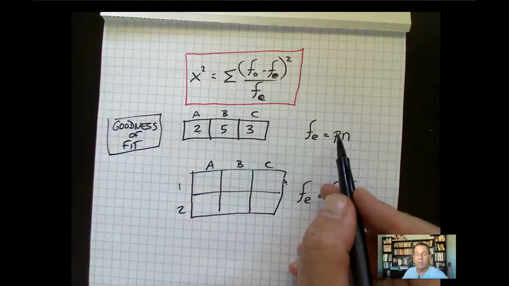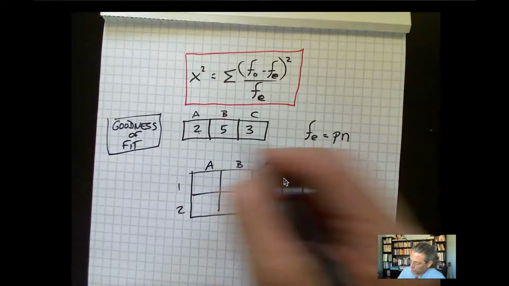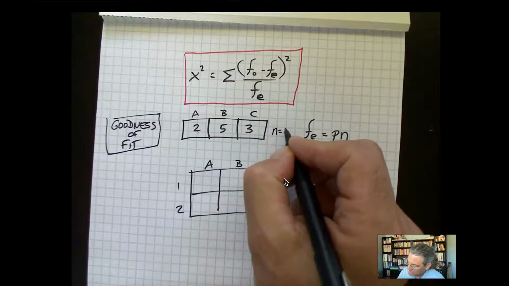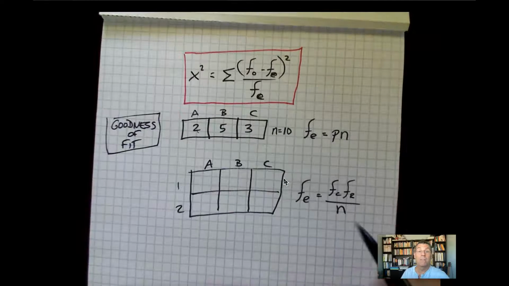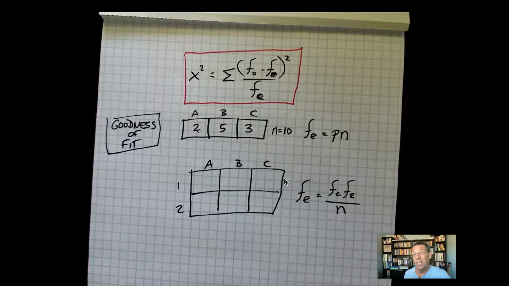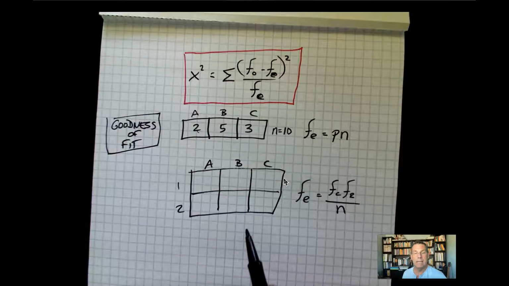The proportion of what we expect in that cell times the total n. So we can see that there's an n here of 10 people total. Now, how do we get the proportion in a goodness of fit? It depends on which version of our hypothesis we're doing. Are we doing the no difference hypothesis, in which case you should expect the same number of people in each?